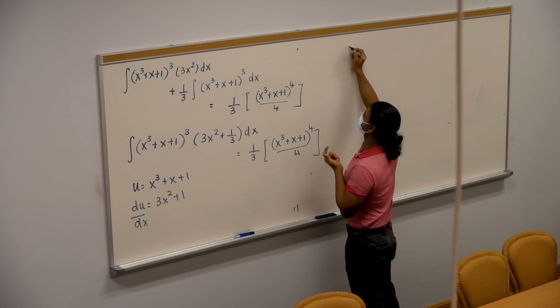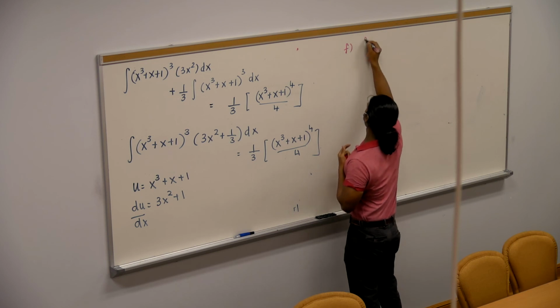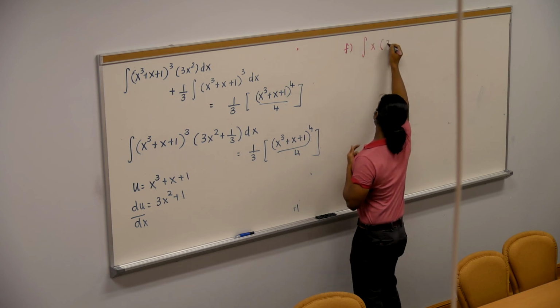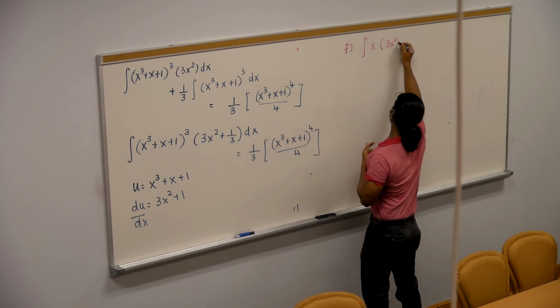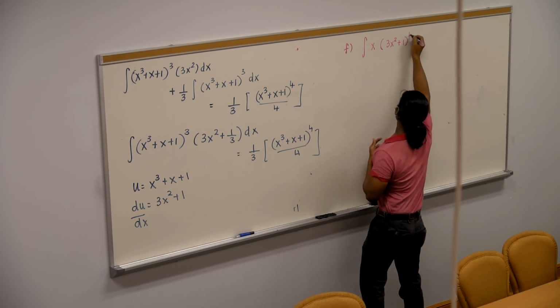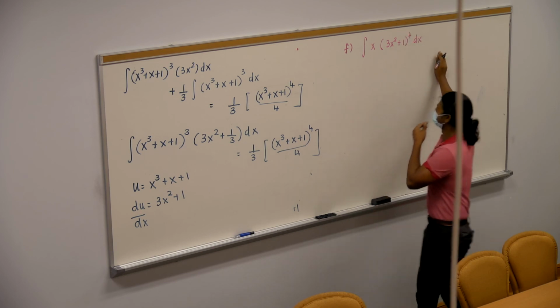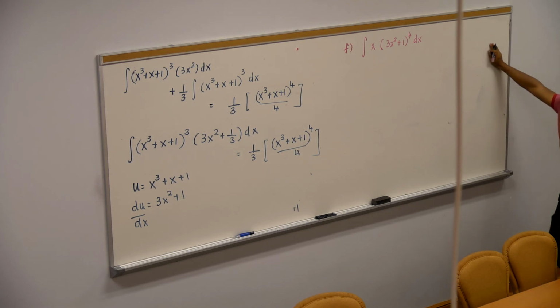So you have x times (3x squared plus 1) raised to the 4th dx. What should u be? Technically, it should be 3x squared plus 1.